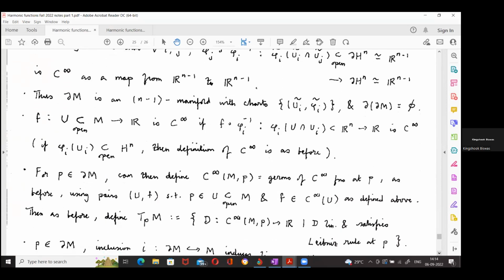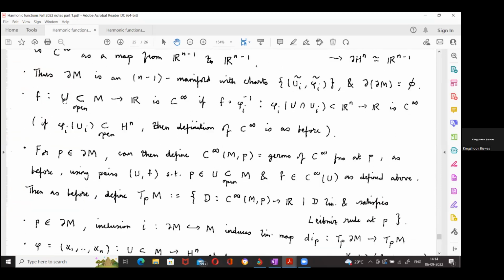Now we're going to define: a function f on an open subset U of M is smooth if f composed with the inverse of a chart, which goes from a subset of Rn to R, is smooth.